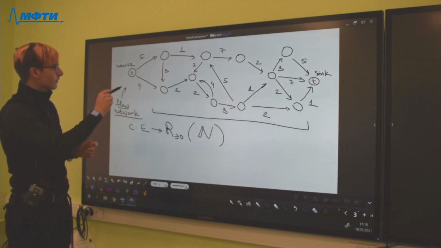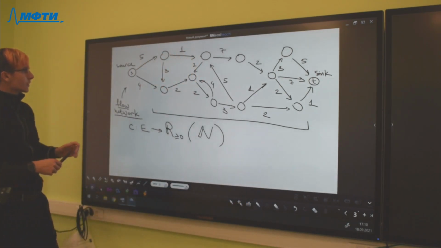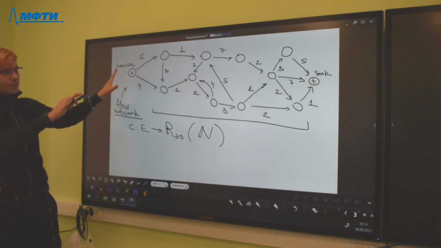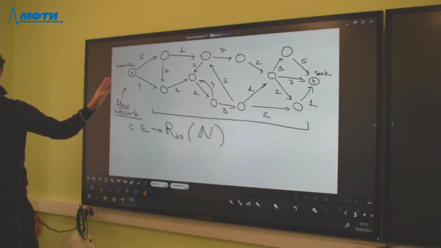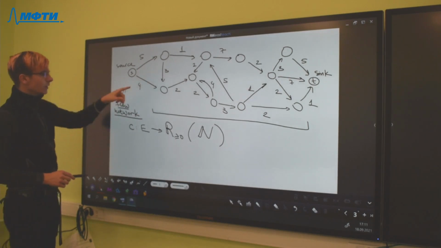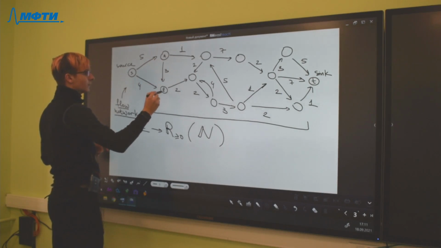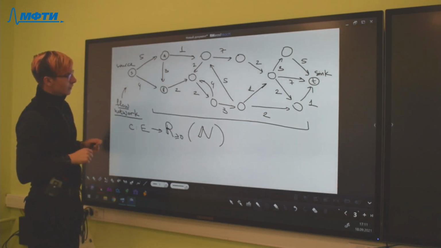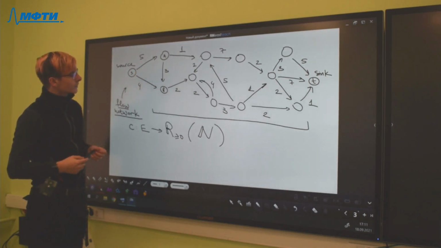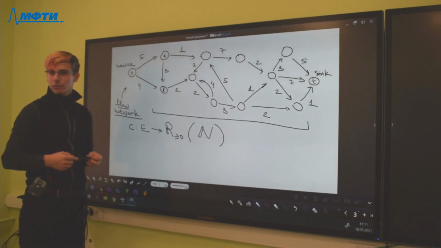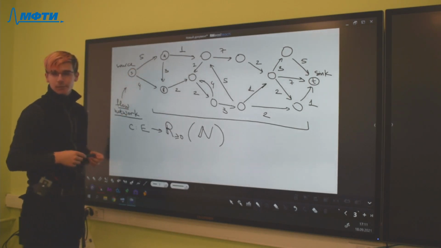So, for example, we can say that there is no edge between source and sink, so this edge has 0 capacity. Okay? And for example, we can say that capacity of the edge BA is equal to 0. Okay? Because we don't draw it.